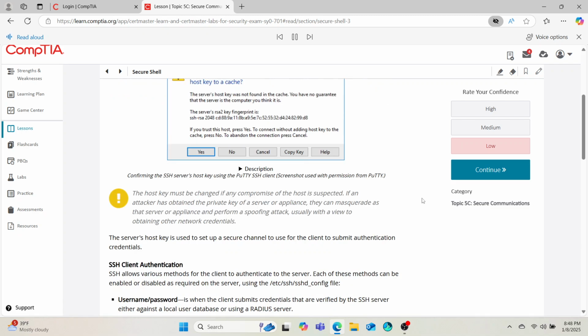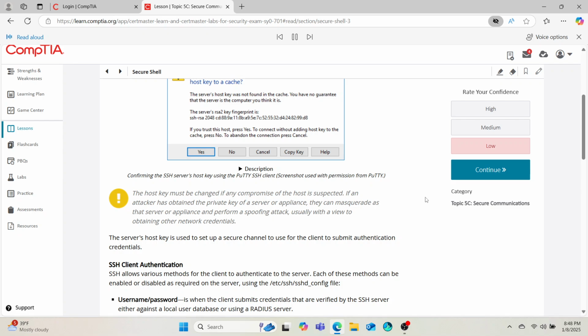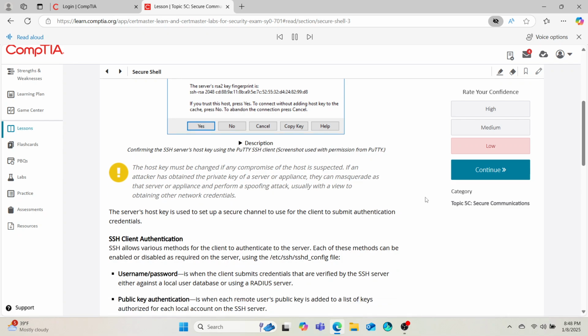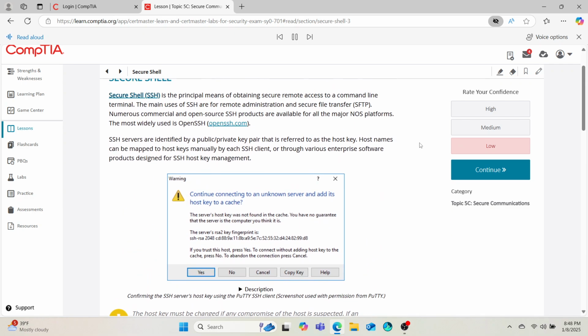Description. The warning message reads, "Continue connecting to an unknown server and add its host key to a cache?" The text below reads, "The server's host key was not found in the cache. You have no guarantee that the server is the computer you think it is. The server's RSA-2 key fingerprint is SSH-RSA 2048 ... If you trust this host, press yes.